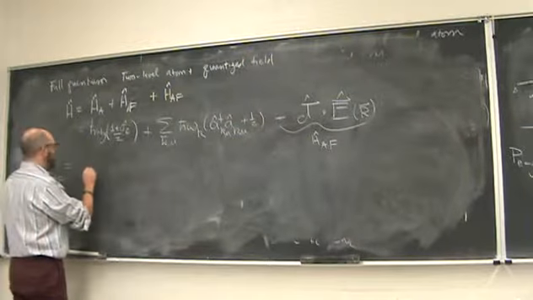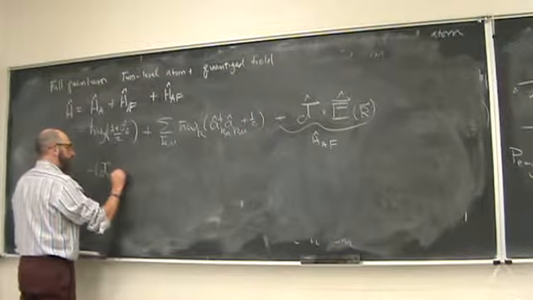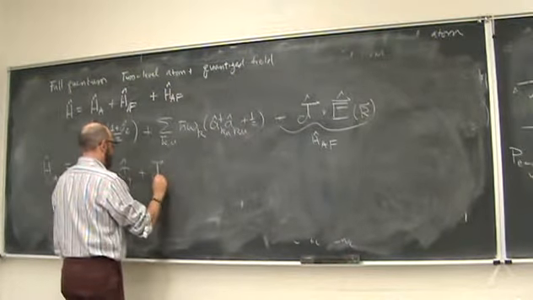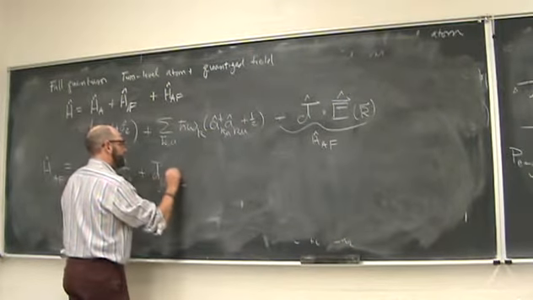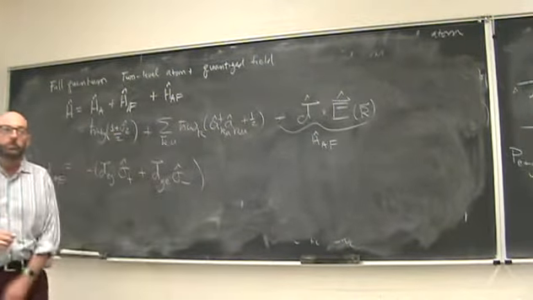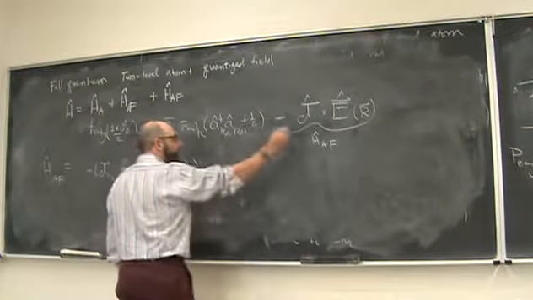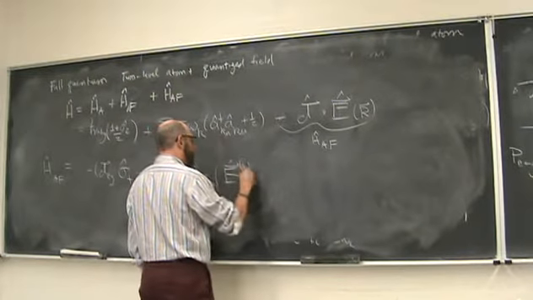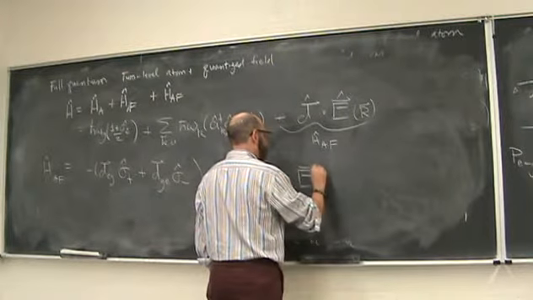The atomic dipole is the same as before. It has some decomposition in terms of the Pauli matrices, just as before. And then I have the field, which I can break up into the positive frequency component and the negative frequency component.